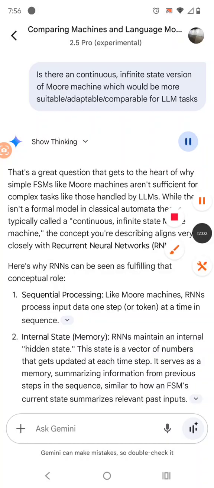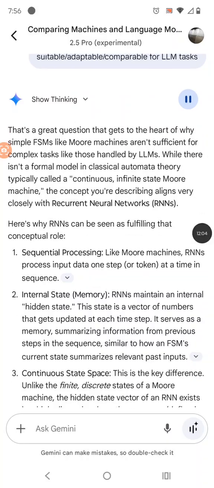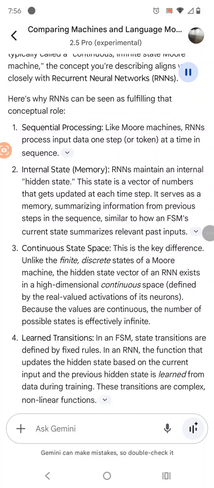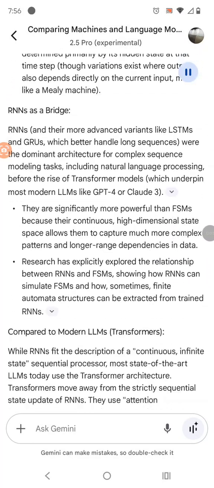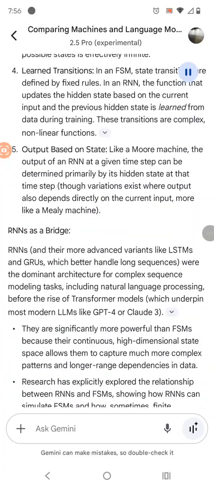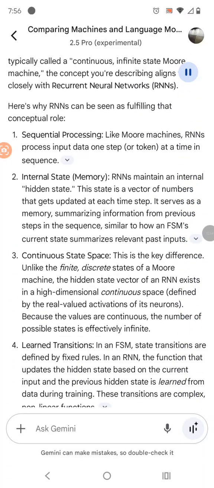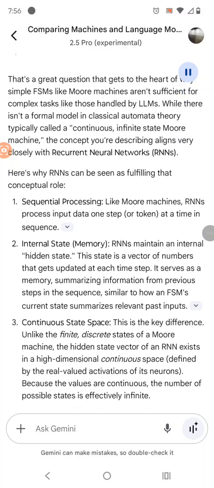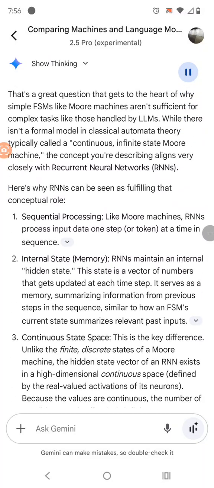That gets to the heart of why simple FSMs like Moore machines aren't sufficient for complex tasks like those handled by LLMs. While there isn't a formal model in classical automata theory typically called a continuous infinite state Moore machine, the concept you're describing aligns very closely with recurrent neural networks, RNNs. Here's why RNNs can be seen as fulfilling that conceptual role. 1. Sequential processing.